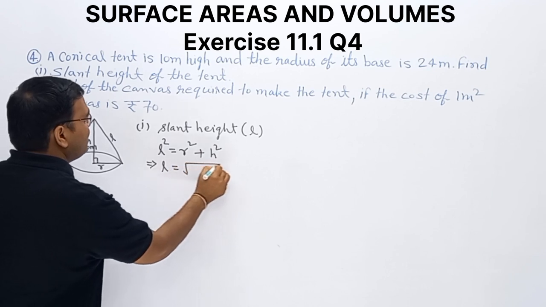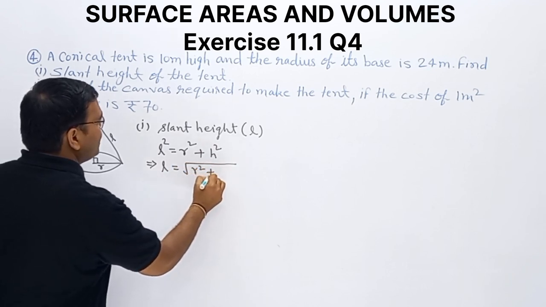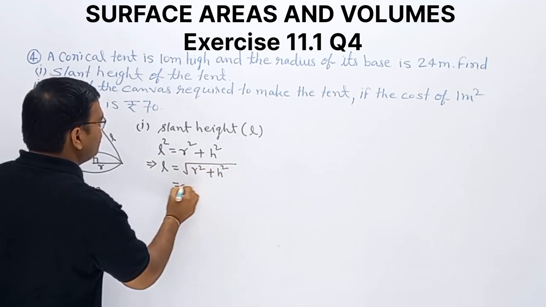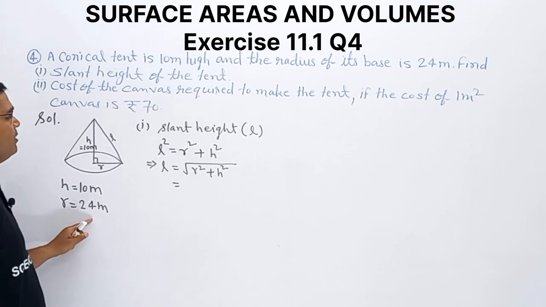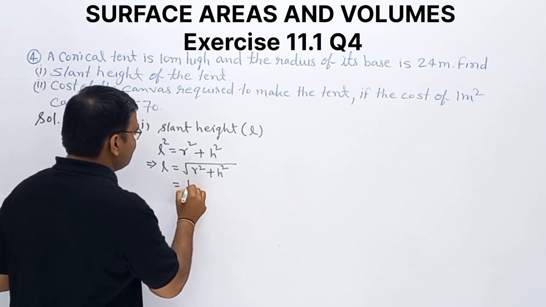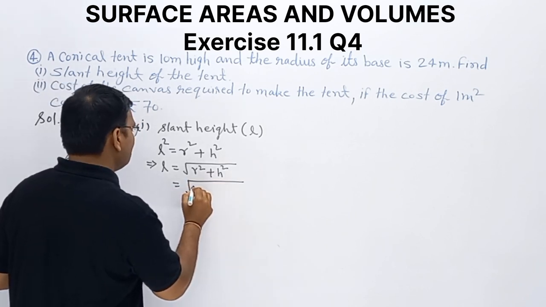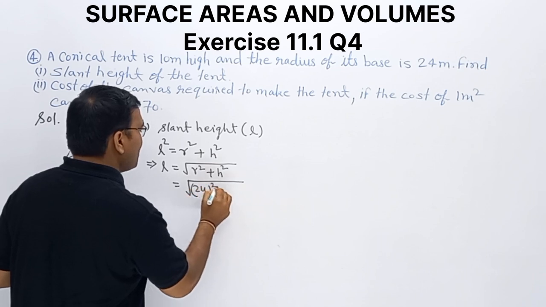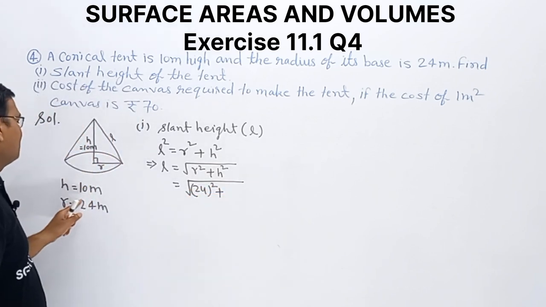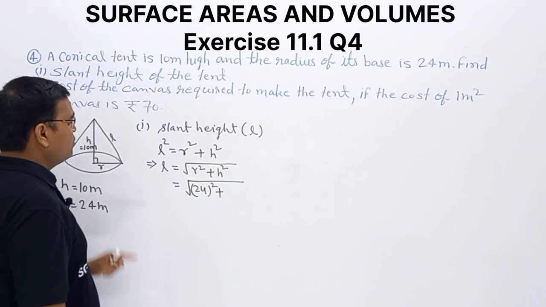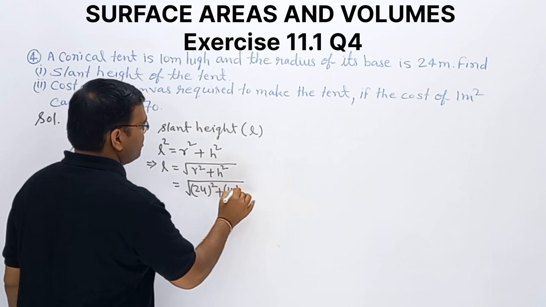So L can be written as square root of r square plus h square. Now put the values. r equal to 24 meter, so this can be written as 24 square plus h is 10, so 10 square.